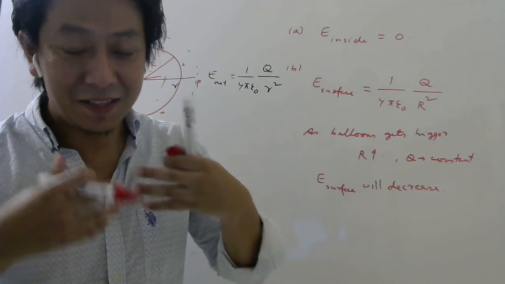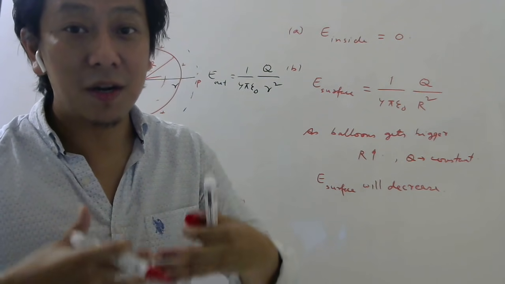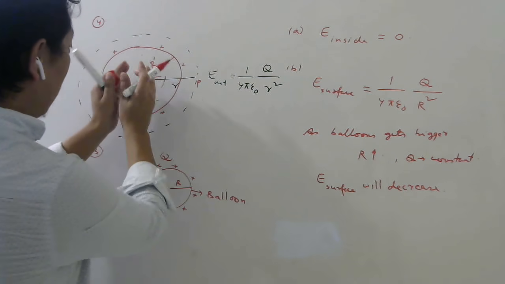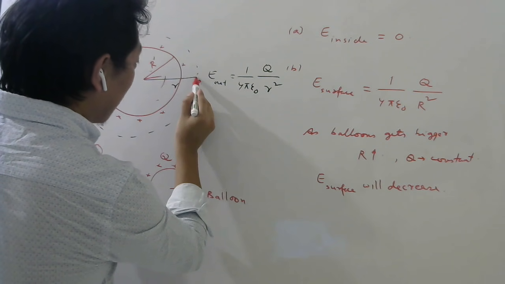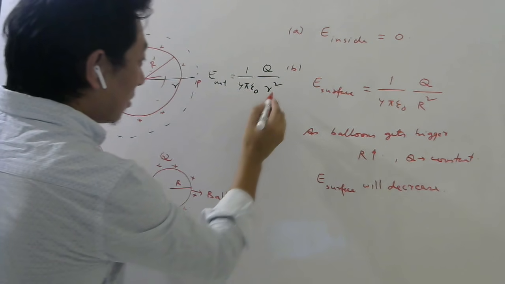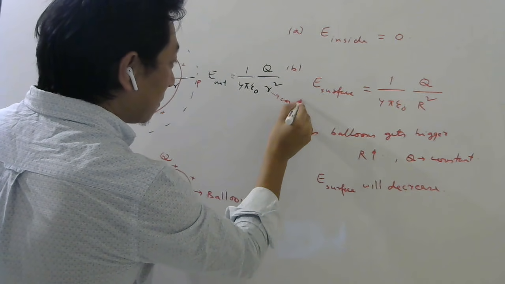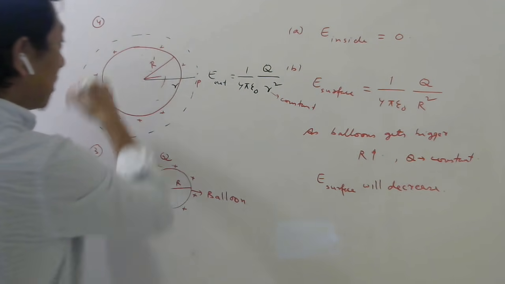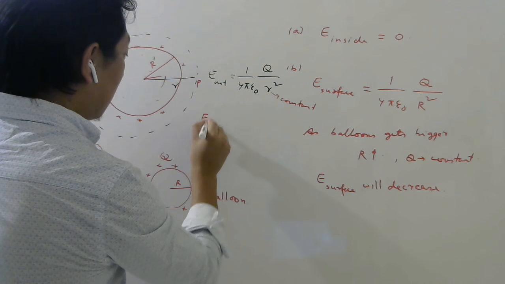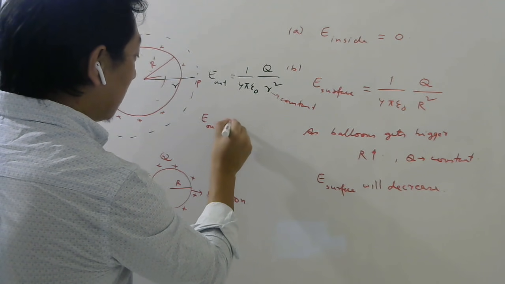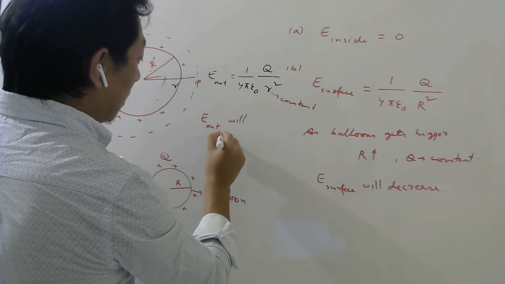Even if the balloon size increases, as long as you are outside, this small r will remain constant, and the total charge inside will remain the same. That means the electric field outside will remain constant.